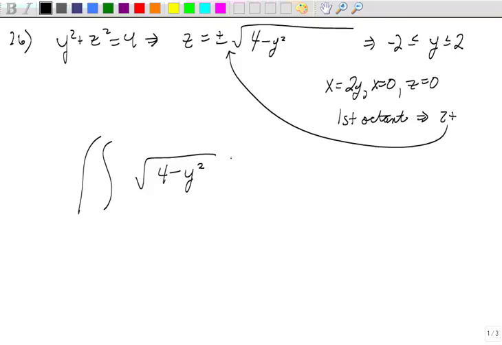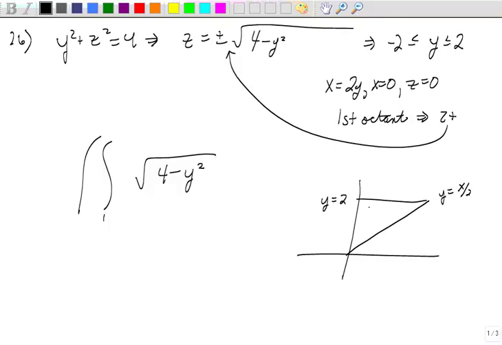Okay, let's do y first. Y is going to go from 0. Oh, well, let's draw this. That's y equals x over 2. And this is going to be y equals 2. Y can't be bigger than 2. So we have this region here. And we're going to go this way with it.